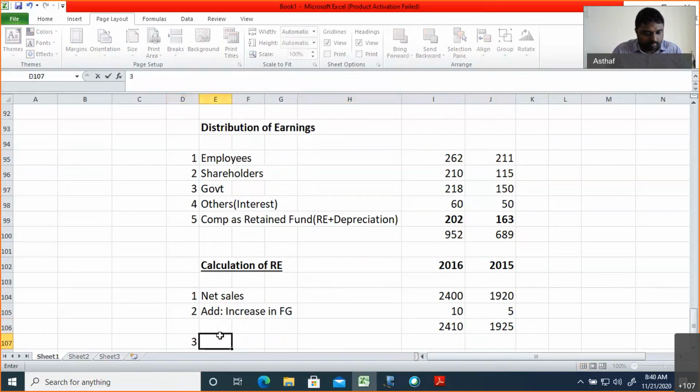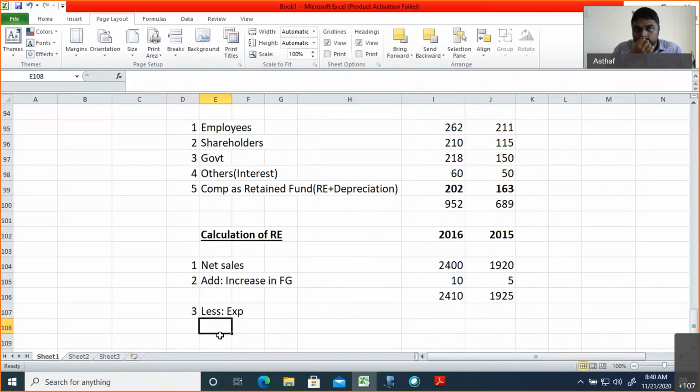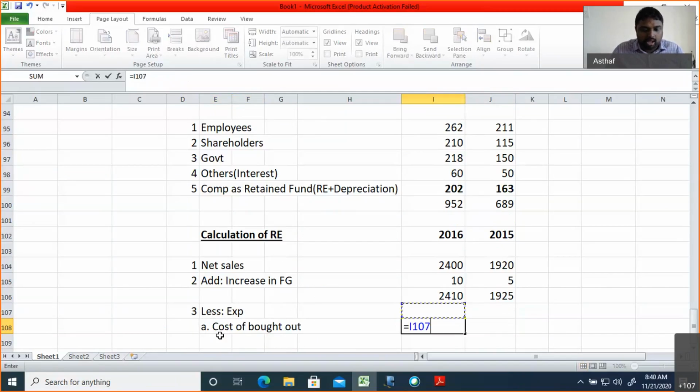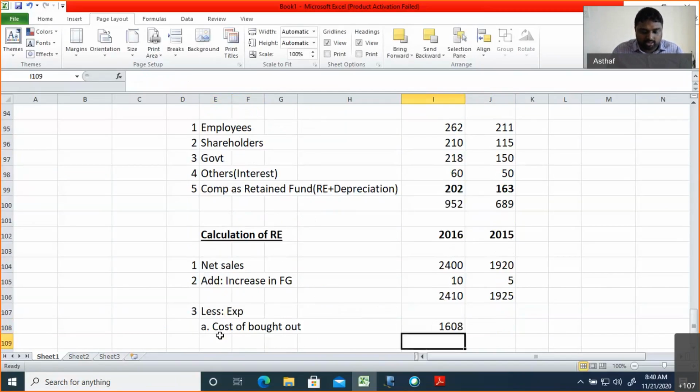Now, less expenses. What all expenses? For your benefit, I will tell the full format. First, take cost of bought out expense. Already we know. What is the cost of bought out expense? 1608.